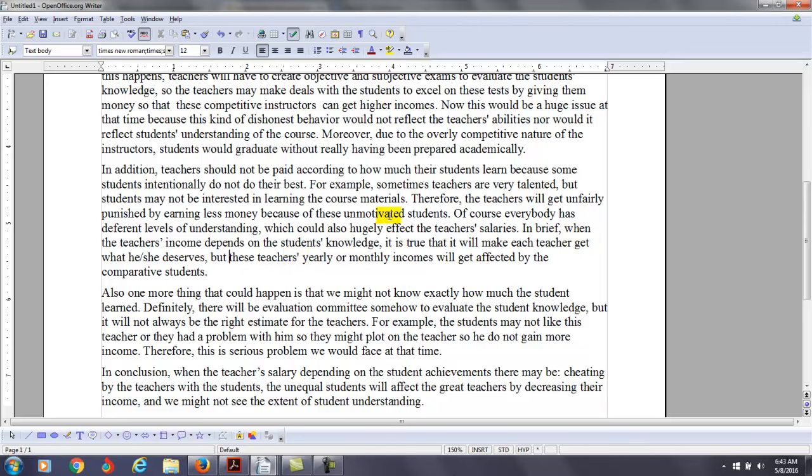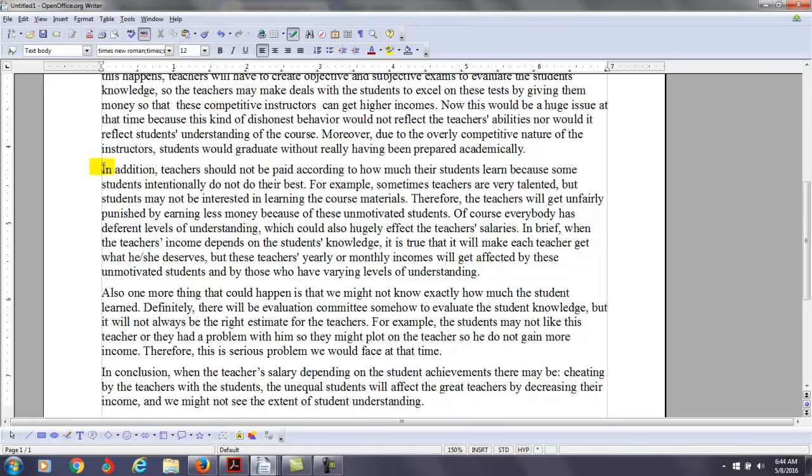But these teachers' yearly or monthly incomes will get affected by these unmotivated and so I'm just trying to tie everything that you said together there.